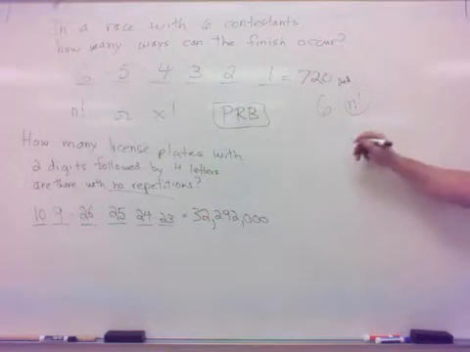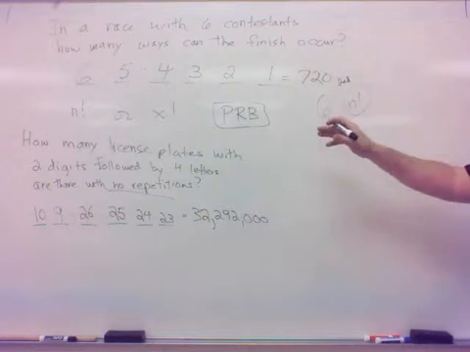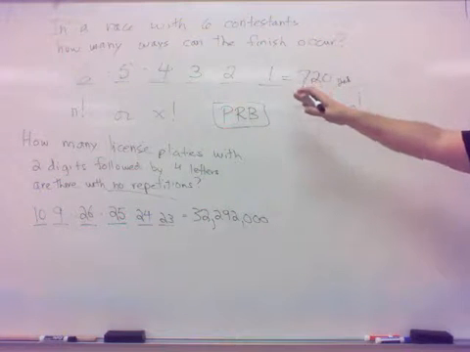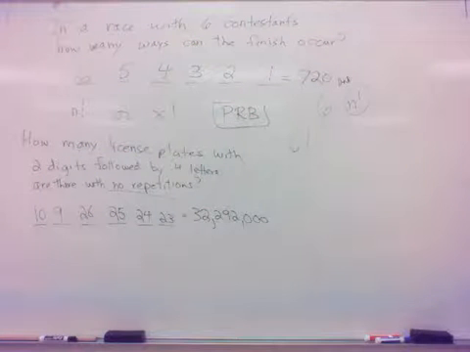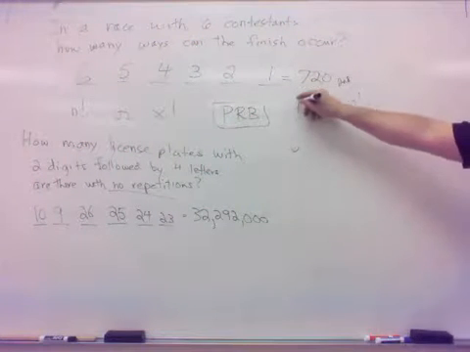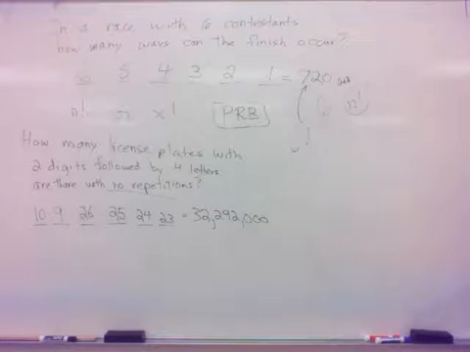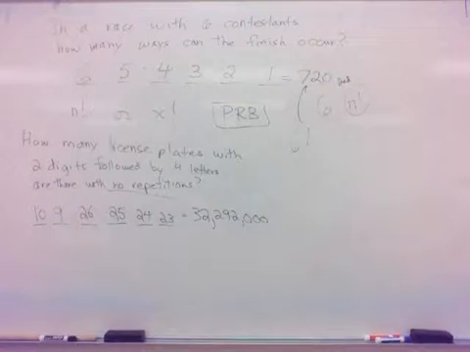Once you get that all figured out, what do you get if you do 6 and then the little factorial? What you're calculating is 6 exclamation point. What do you get? Where's your clear?